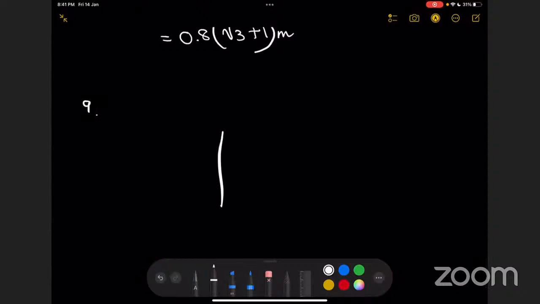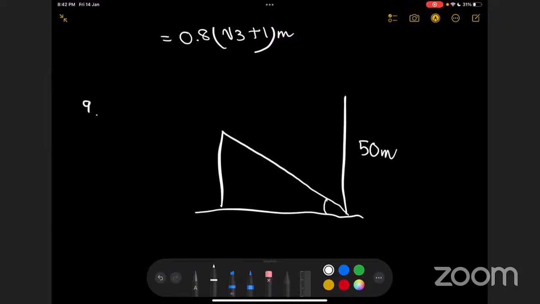So there's a building, and there is a tower, and this is the ground. The tower is 50 meters high, and the angle of elevation from the top of the building to the foot of the tower is 30 degrees. So this is 30 degrees. This is 60.